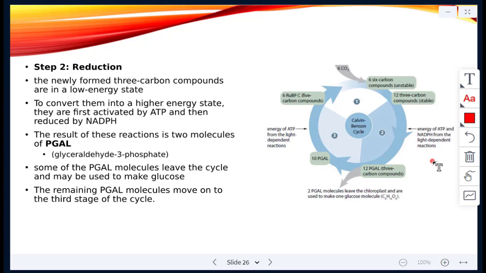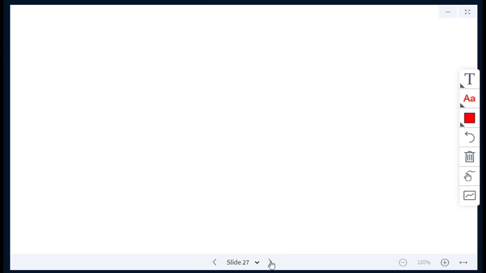And the result of this is 2 molecules of PGAL, right here, and PGAL is glyceraldehyde 3-phosphate. So now some of these PGAL molecules are going to leave the cycle and be used to make glucose, and the remaining are going to move on to the 3rd stage, which will be to remake RuBP.